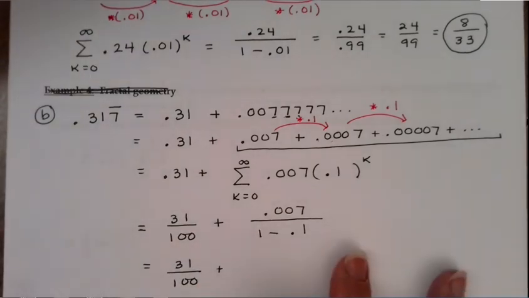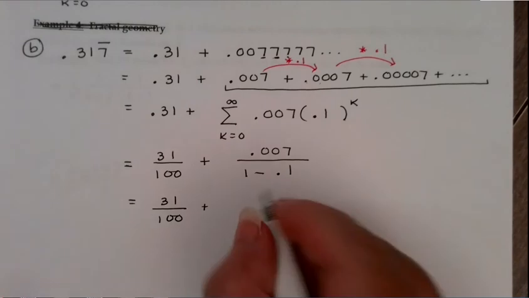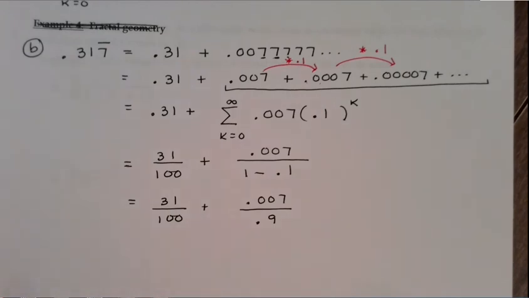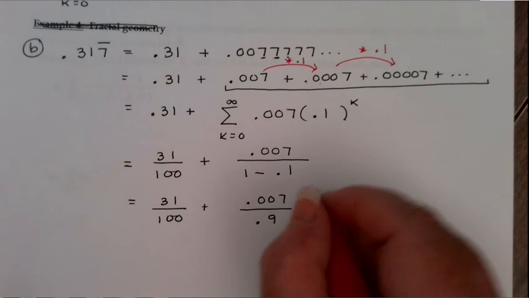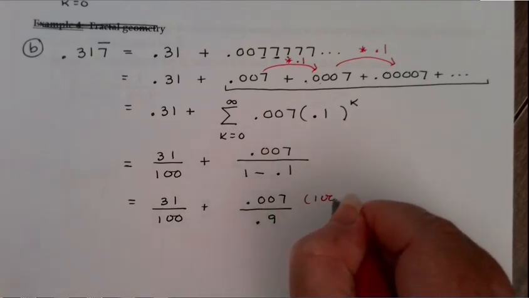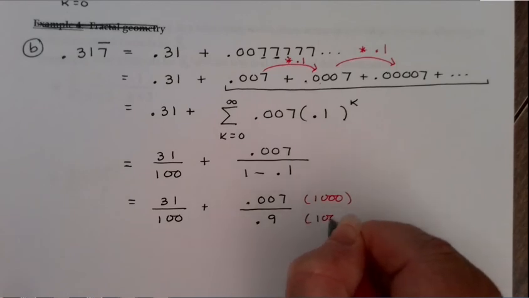So I've got 31/100ths plus 0.007 over 0.9. And I'd like to make that a regular fraction with no decimals in it, so I need to move the decimal point over 3 places. I'm going to multiply by 1,000, top and bottom.